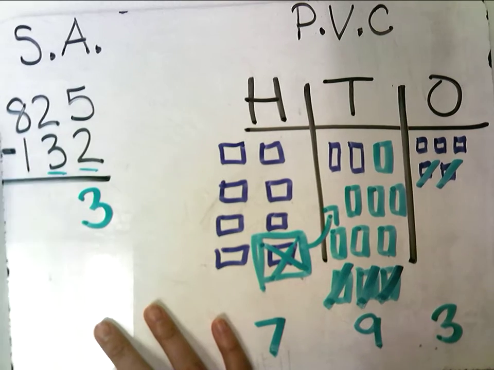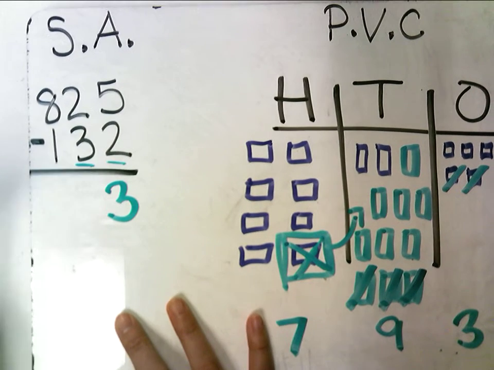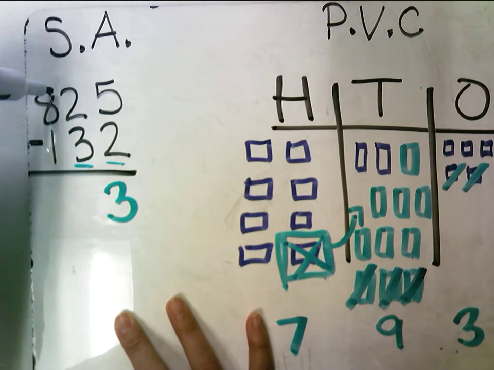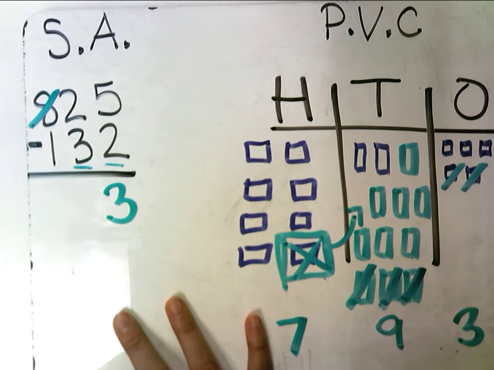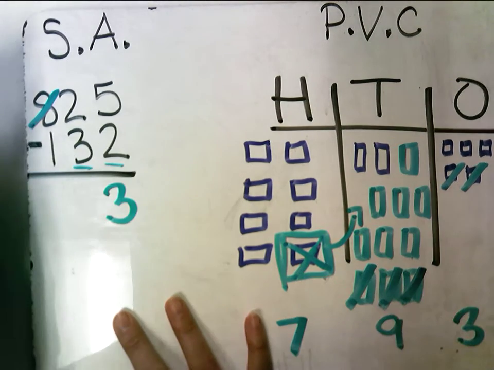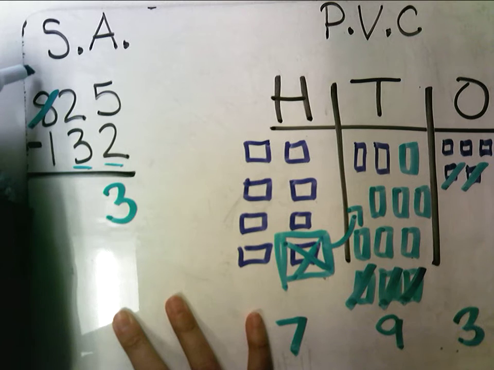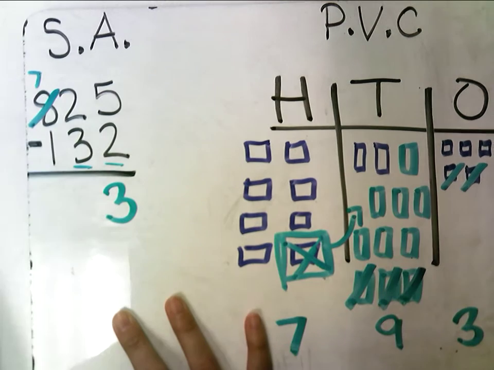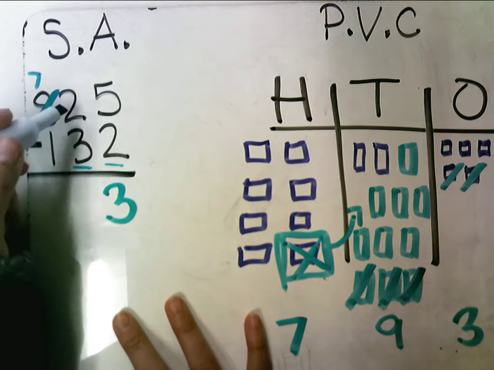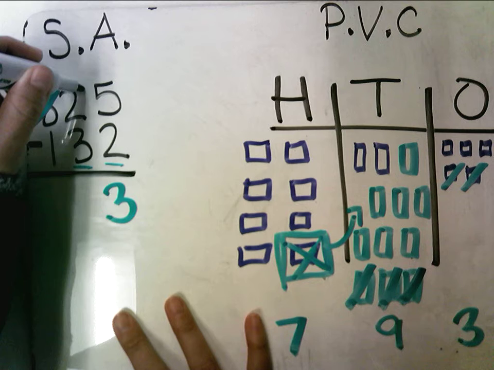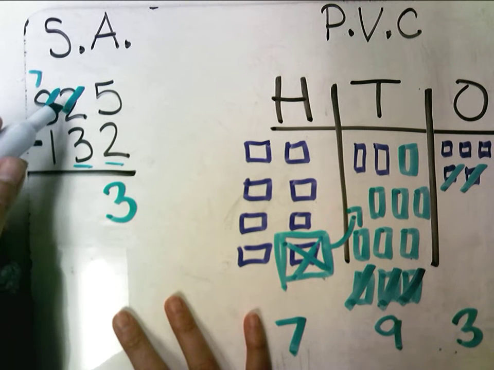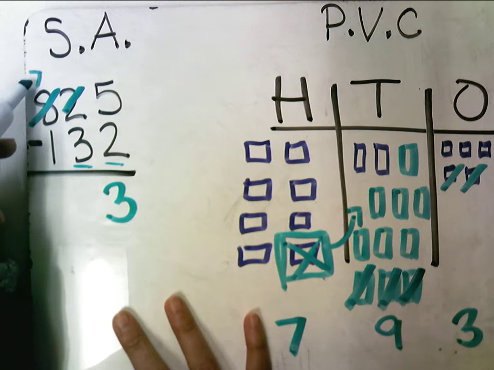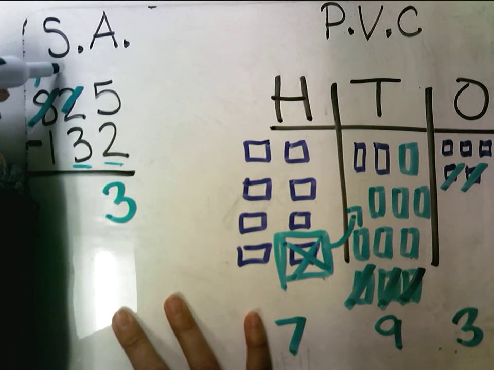In our standard algorithm, to show this, you take 100 from our top number. So 800 take away 100 is 700. So I'm going to put a 7 here. And now this isn't 2 tens anymore. We're adding 2 tens plus 10 tens because we took 10 tens from our hundreds place.